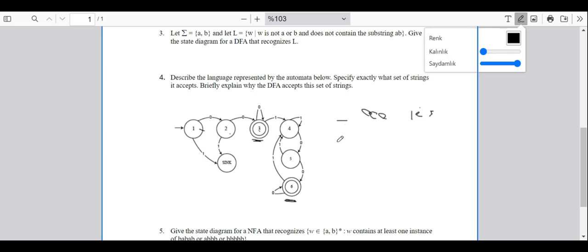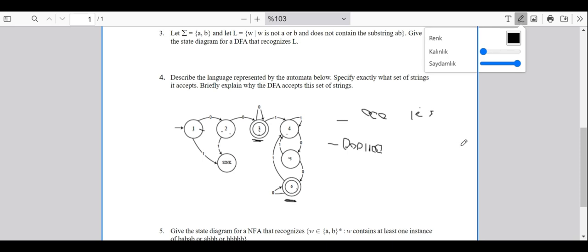The other one is 1, 2, 3, 4, 5, 6: 0, 0, 0, 1, 1, 0, 0.